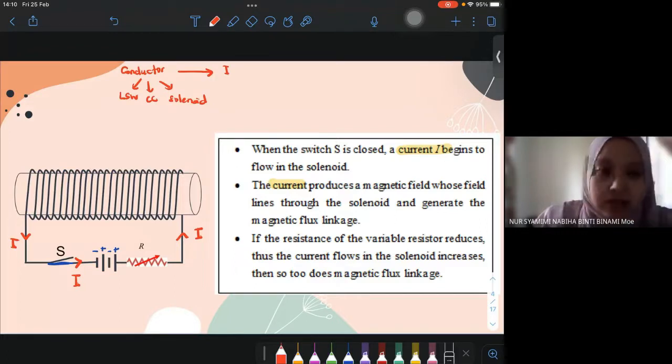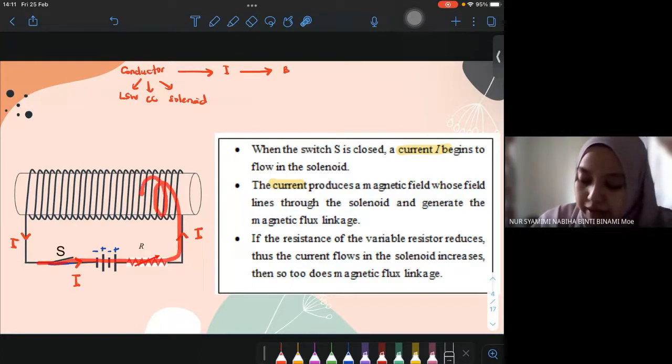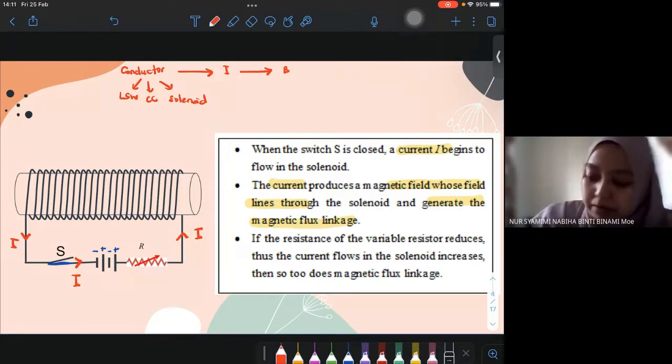So bila conductor tu ada current, dia akan menghasilkan magnetic field B. Okay. So sekarang saya ada conductor which is the solenoid yang ada current flow. So bila ada current flow, dia akan menghasilkan magnetic field. Okay. The magnetic field lies through the solenoid and generate the magnetic flux linkage. Kenapa dia boleh ada magnetic flux linkage?